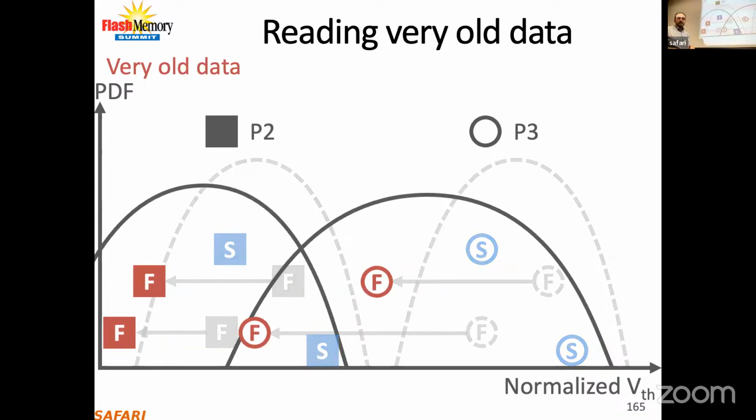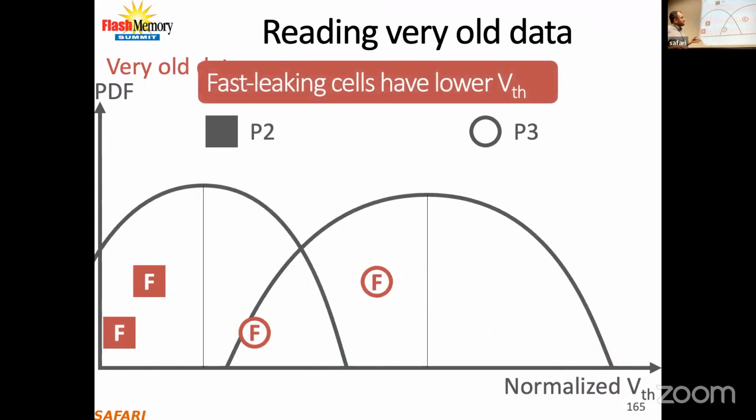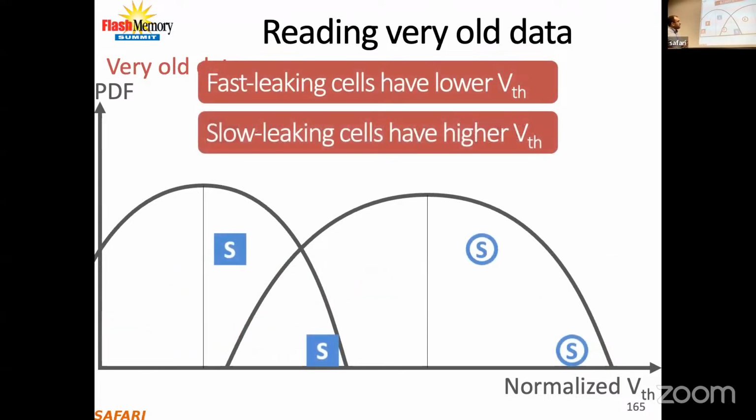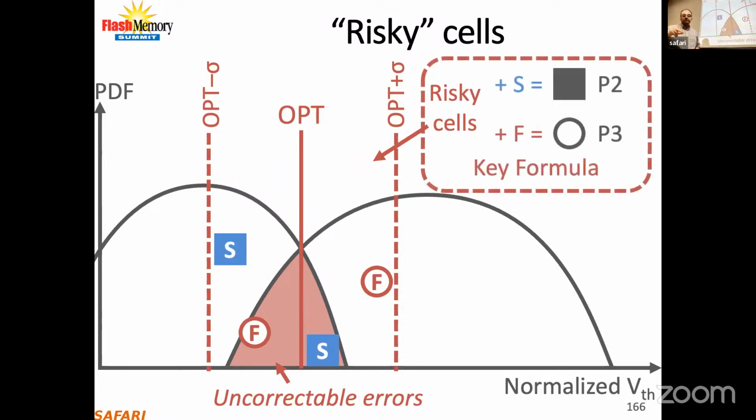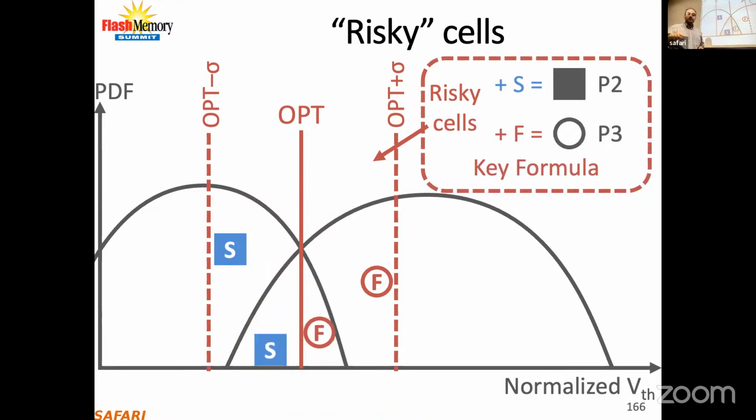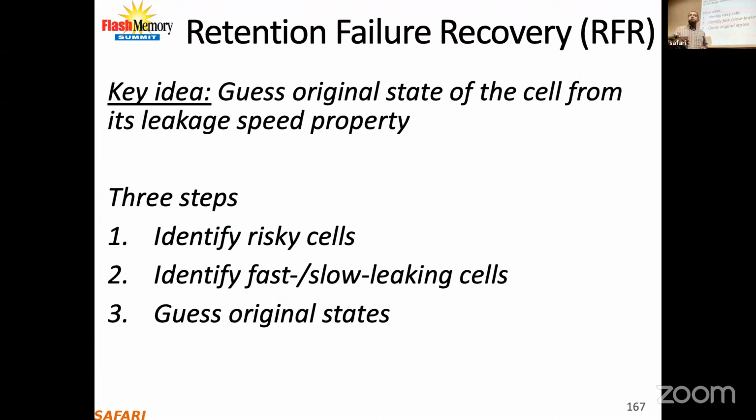After that, you have this analysis that fast leaking cells have lower VTH, and the slow leaking cells have higher VTH. Once you understand from your characterization which are the slow and fast cells, you can actually fix the issue. You can slightly change them and then see if ECC is now able to fix the errors or not.